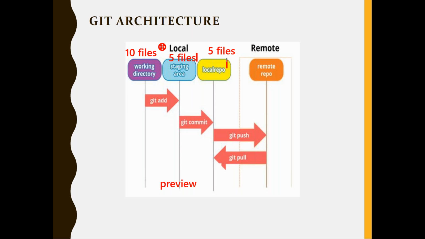And once you move to local, yes, you can move them to remote repository. Am I clear? How to create local repository, how to create remote, all of these things we will discuss. Understood this part, everyone? And here, let me give you some understanding on how local repositories work.